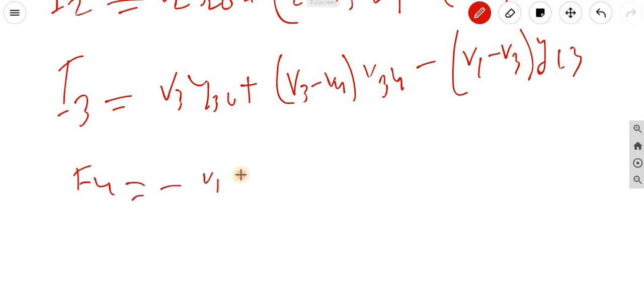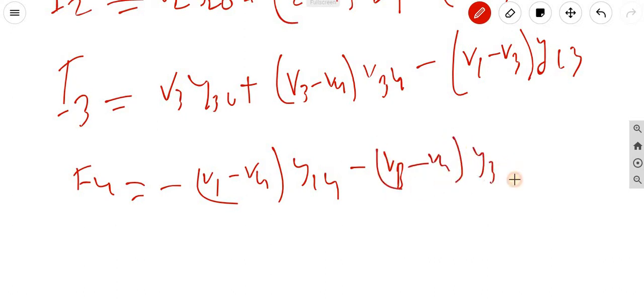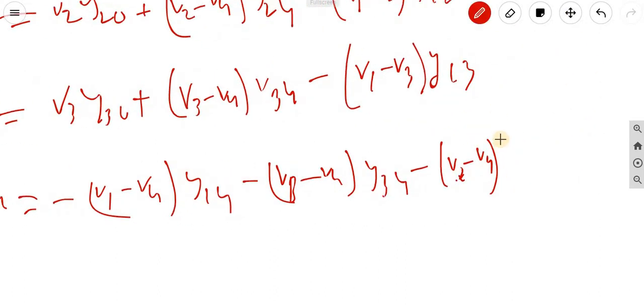Minus (V1 - V4) y14, this is also minus (V3 - V4) y34, minus (V2 - V4) y24, and y40.